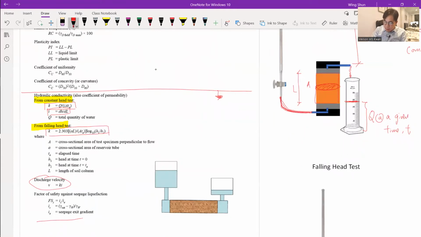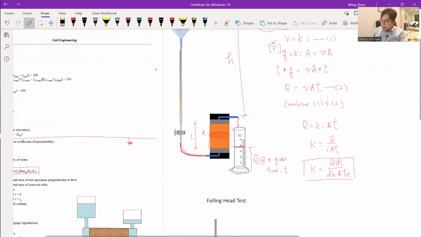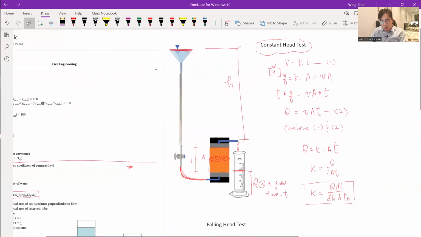So where does this formula come from? It comes from the constant head test setup in the laboratory. Again, the purpose is that we want to find hydraulic conductivity, but we cannot measure it directly.